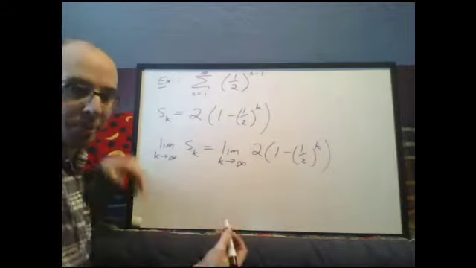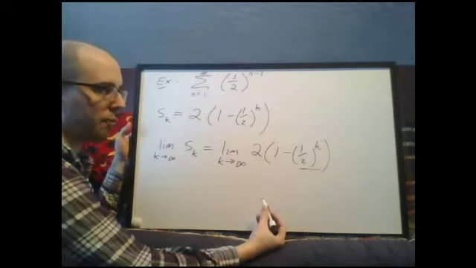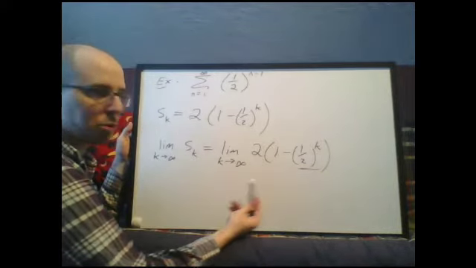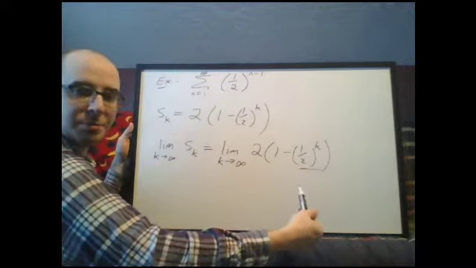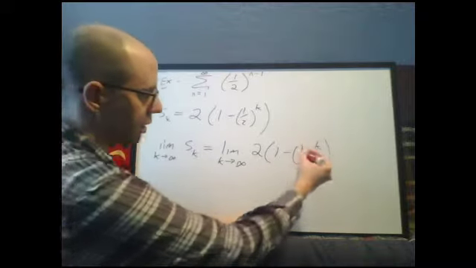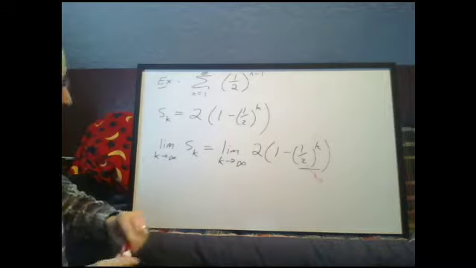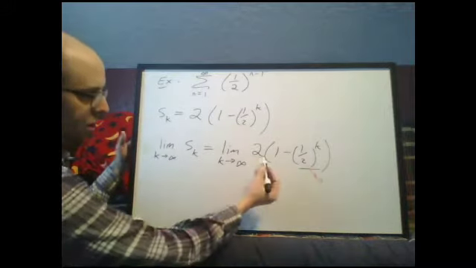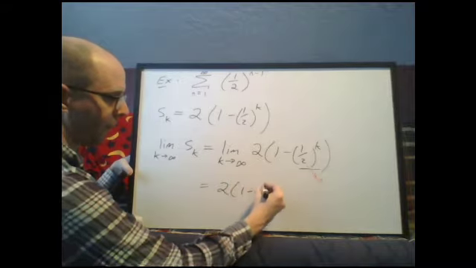If you think back to our examples from sequences, this part here is 1/2 to the kth power. When k grows to infinity, multiplying by 1/2 an infinite number of times is going to approach 0. So that piece goes to 0. That leaves me with just 2 times (1 minus 0), which is 2.